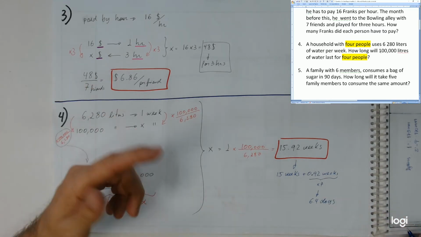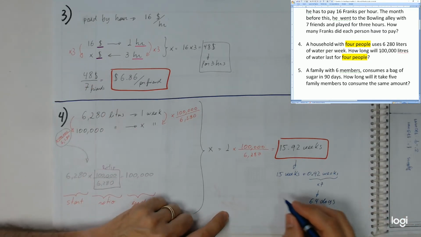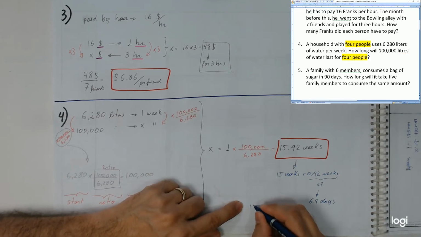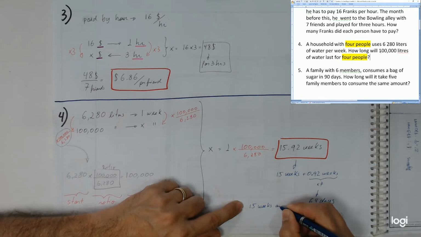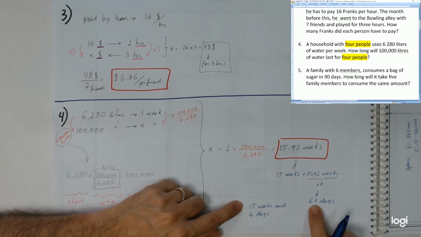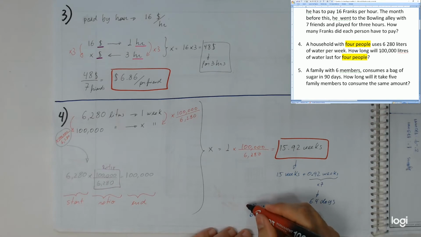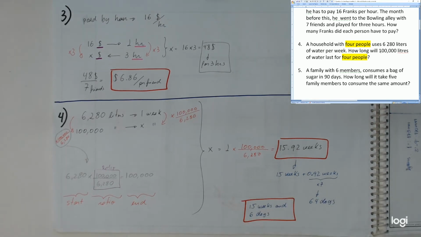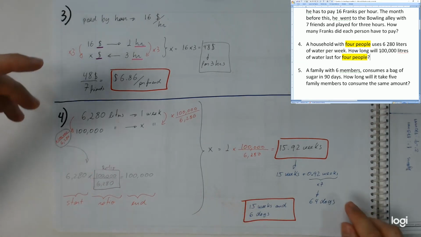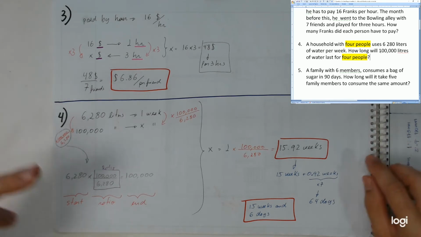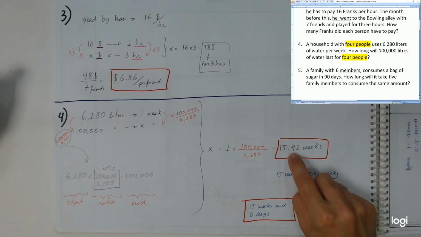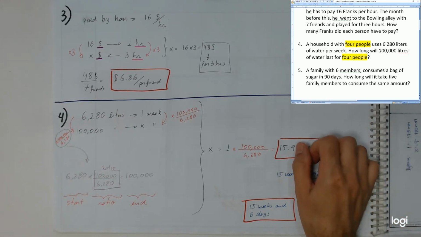Well, another way to answer it could be this. Your answer could also be 15 weeks and 6 days. Okay? I'm just throwing away those 0.4, okay? It depends. The exercise must explain to you what to round. Maybe, okay, give your answer rounded to the nearest tenth. It would be 15.9.